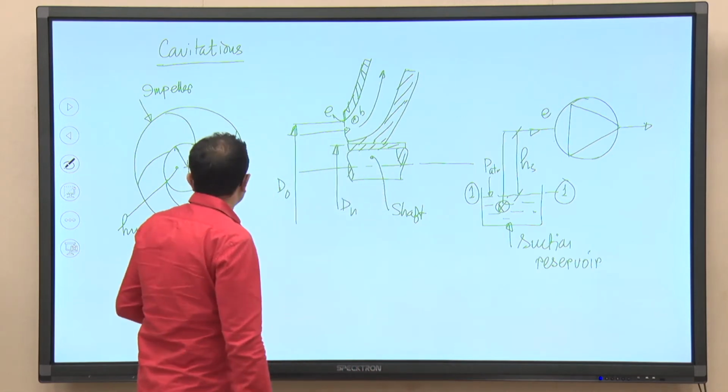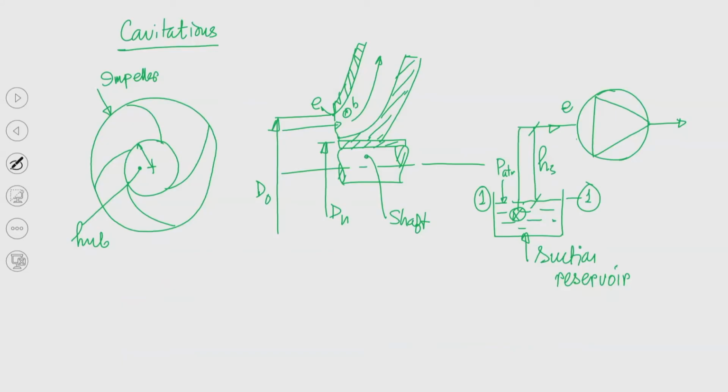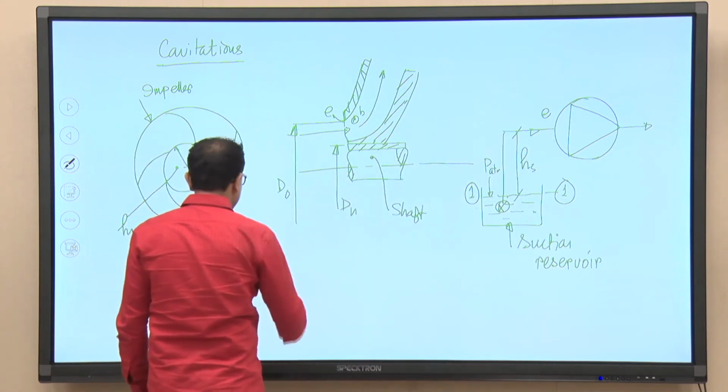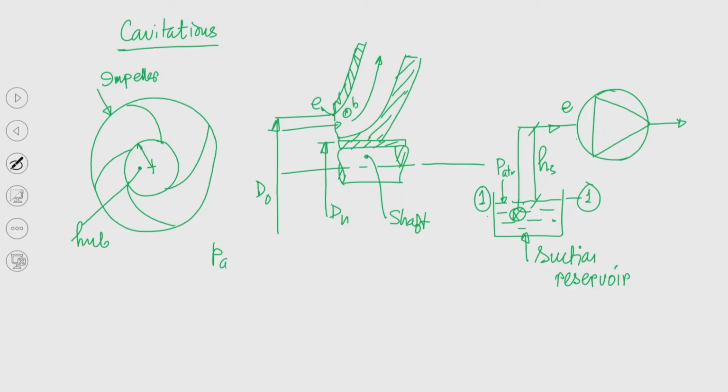Okay. So, just now if we try to calculate, say this point is B, slightly inside point E. Now, if I apply the energy balance equation, that is the steady flow energy equation, between section 1 and point E, as we have done in the last class, we can write P atm by rho g equals P E by rho g plus V E square by 2 g plus H s plus H s f.